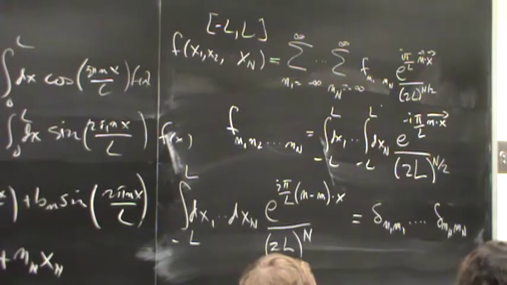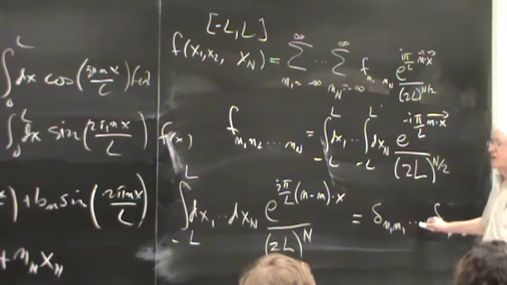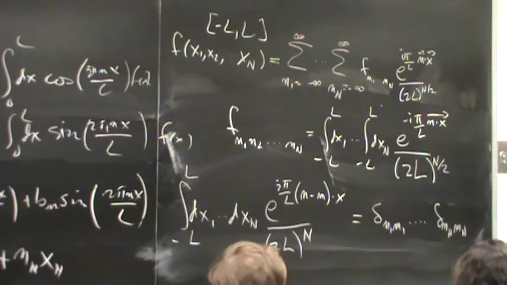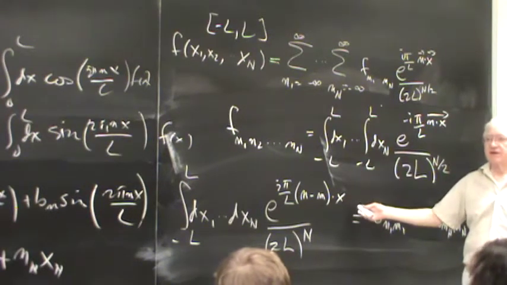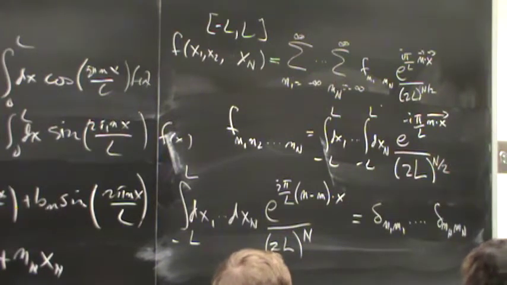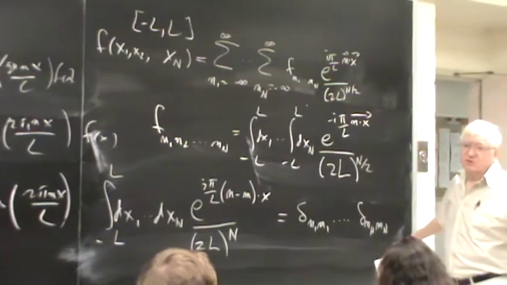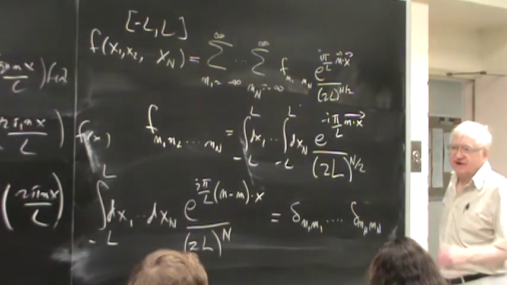For some reason I didn't write down this relation in the book, but this is the orthogonality relation that generalizes this to N dimensions and an interval from minus L to L. And so this is the Fourier series then in N dimensions, and it works for arbitrary integer N.